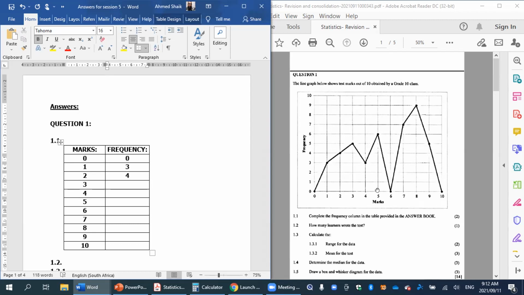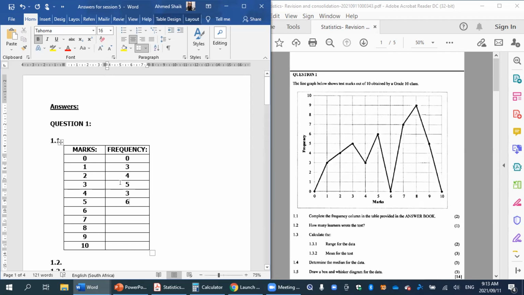My apologies, 2 has a frequency of 4, and 3 has a frequency of 5. We look at the next mark, which is 4. It has a frequency of 3, and 5 has a frequency of 6.